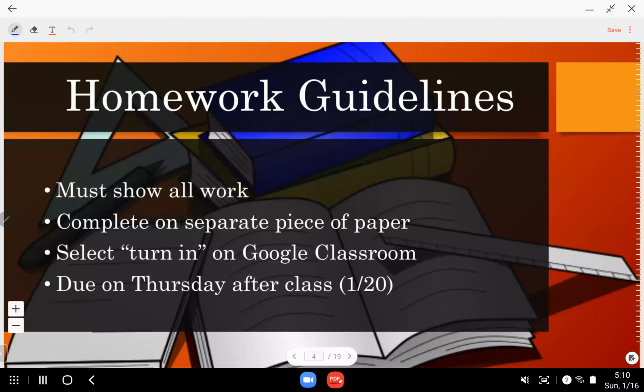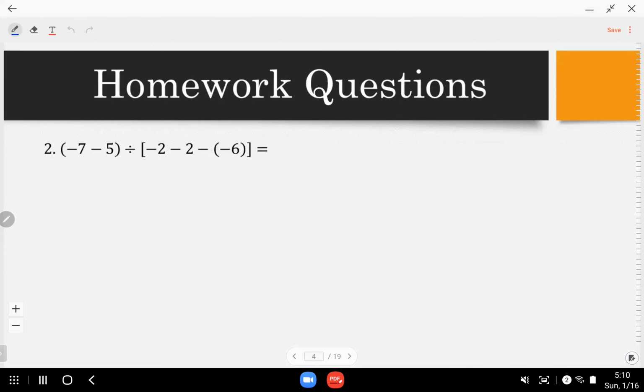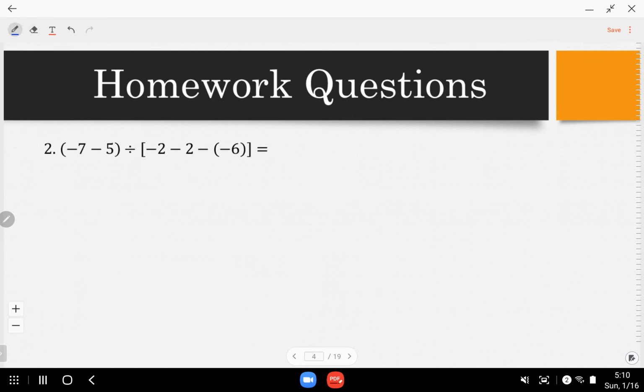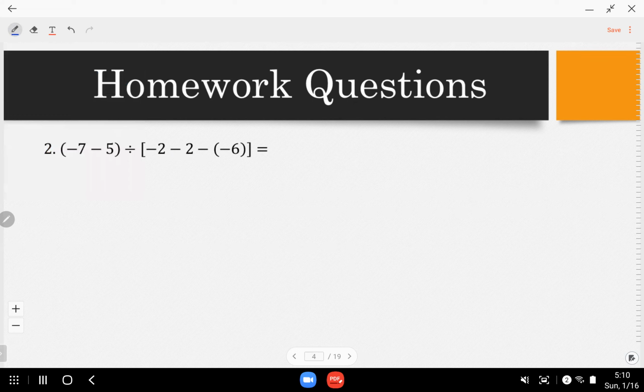Okay, so I'm gonna go over quickly just some homework questions because I see that these are missed quite a lot. All right. This first one, what is this? Okay, this first one is the second problem from the homework, and I see some people got this incorrect, the -2 minus 2. So let me just go over this real quick. It isn't too hard. So basically what you want to do is you need to do these parentheses first, right?